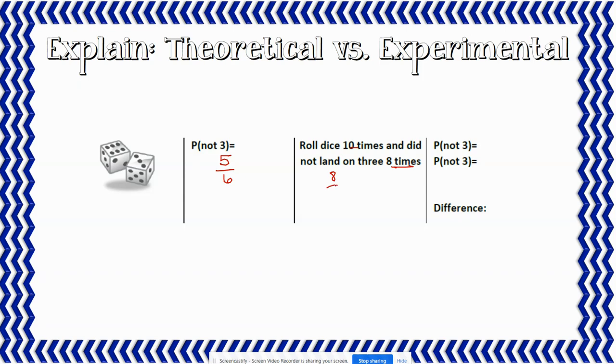So that was 8/10, which simplified to 4/5. So for this, we're comparing 5/6 to 8/10. In this case, since 8/10 or 4/5 is actually smaller than 5/6, our theoretical probability is greater than our experimental probability.